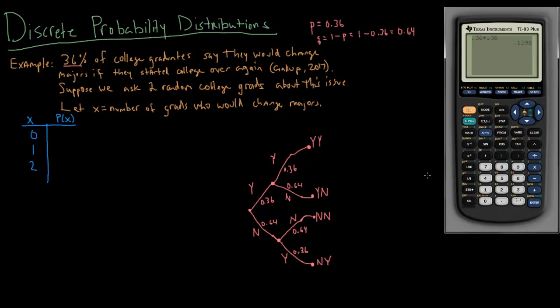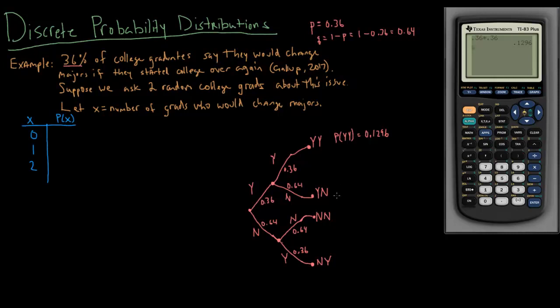And so the probability of both people saying they would change their major, yes and yes, is 0.1296. Since that's only 4 decimal places, we'll leave it how it is, since we usually round probability to 4 places.